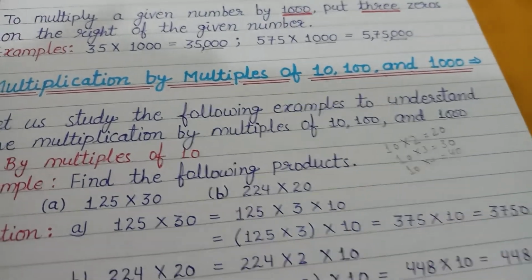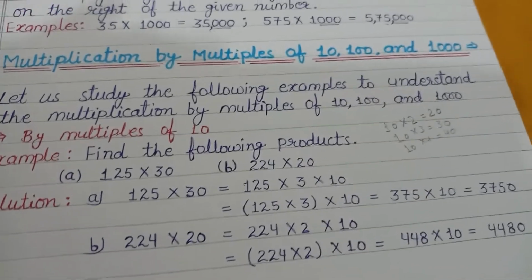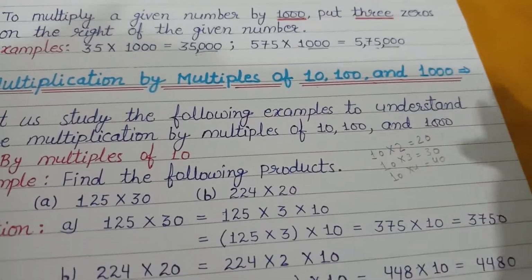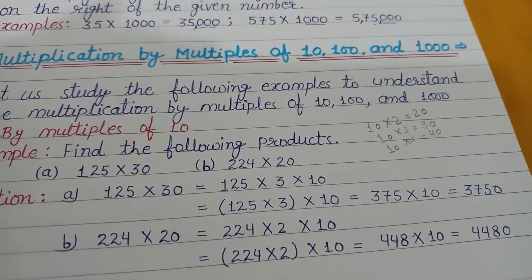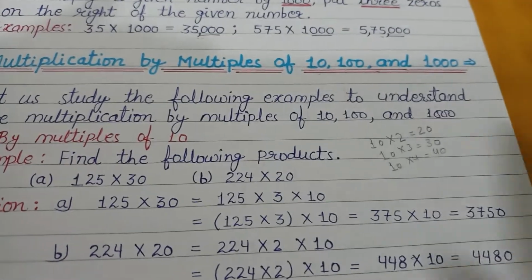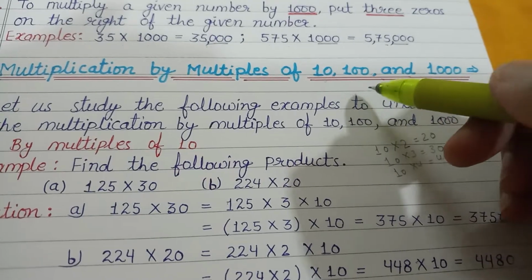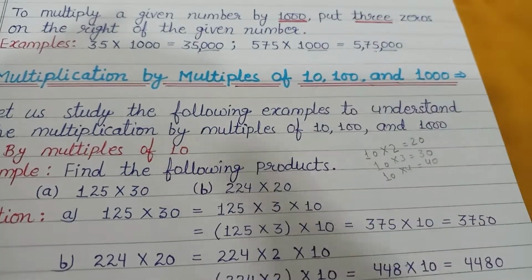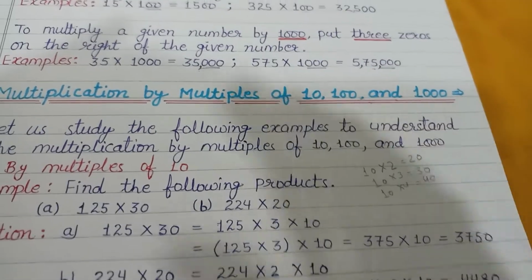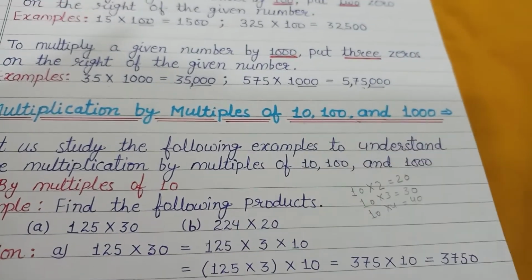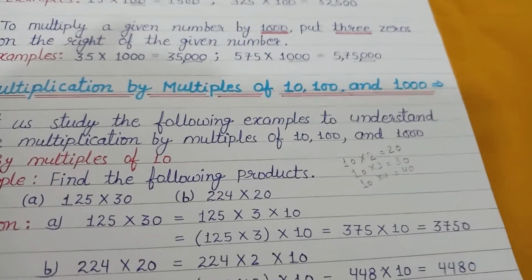In simple language we can say the table of 10 is the multiple of 10, but multiples are so many. Now the multiples of 100 are 100, 200, 300, 400. The multiples of 1000 are 1000, 2000, 3000. This is called multiples.